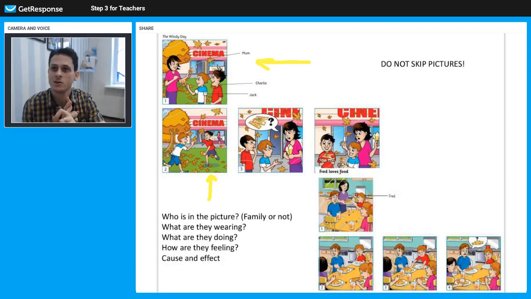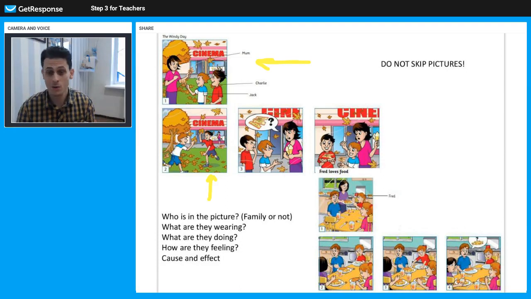So obviously, Charlie and Jack are not brothers, so they're friends, but most likely Charlie is the son. So make sure that vocabulary is used correctly. Is it someone's son, brother, sister? So they should differentiate between friends and family.